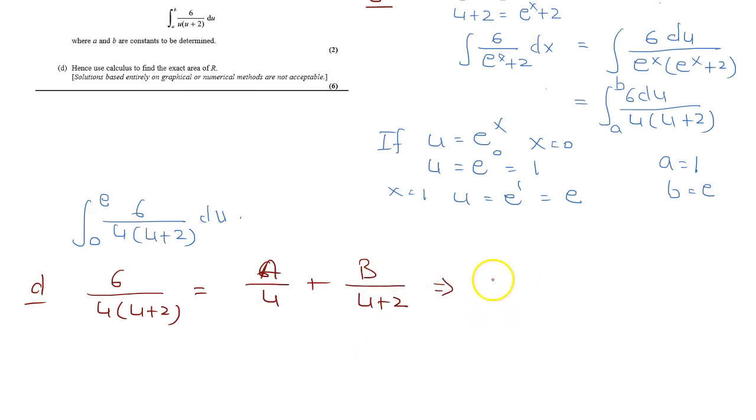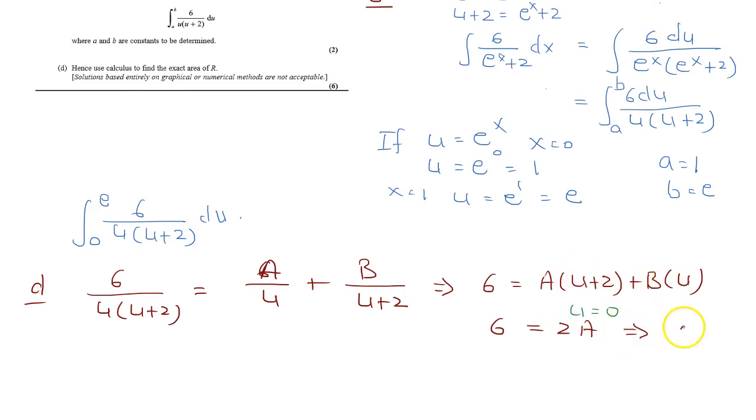It means 6 is equal to a times u plus 2 plus b times u. If u is equal to 0, 6 is equal to 2a. So this implies a is equal to 3.